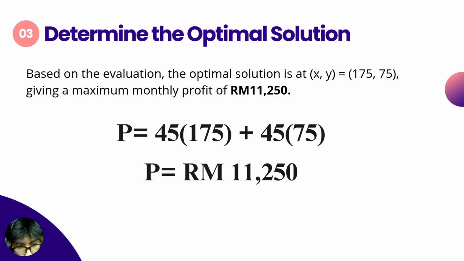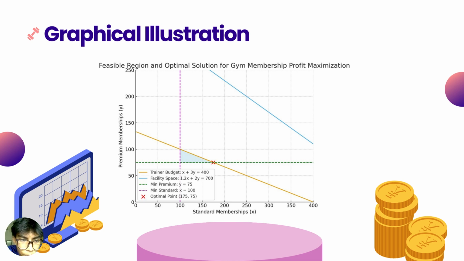So this is the equation we get here. P equal to 45, insert the numbers that we got here, 175 plus 45 multiplied by 75, and then we get our monthly profit, which is 11,250 ringgit. Alright, so this is our graphical illustration that we get after we insert all the constraints that we got, after we plot the graph, after we knew the optimal solution.